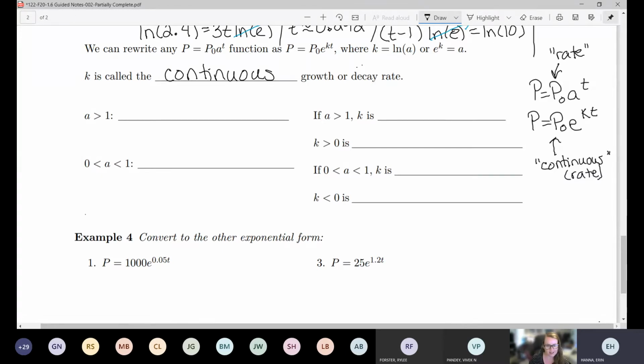But before we get to that, way back when we started talking about exponential functions, we had these two specifications. It's either exponential growth or exponential decay. To remind us, if the a value is greater than 1, we had exponential growth. And if your a value turns out to be between 0 and 1, it was exponential decay.